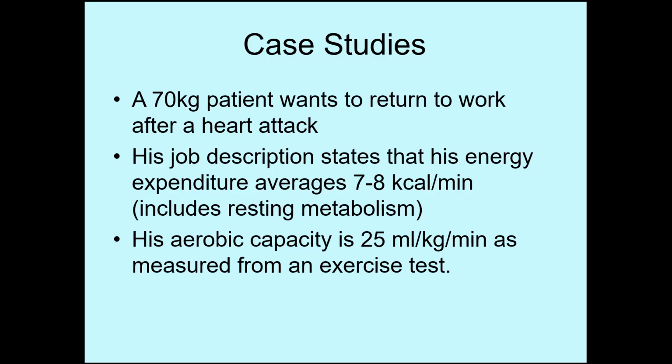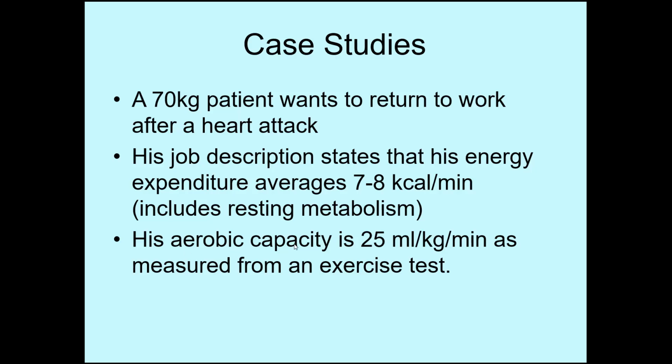So if we convert his VO2 max to kcals per minute and it was 16, that 7 to 8 is less than 50% of that, so he would be ready to go back to work. If it's not, then he's not ready. That 50% is not written in stone anywhere. I'm just saying that's what we're going to use as a guideline for our class anyway.